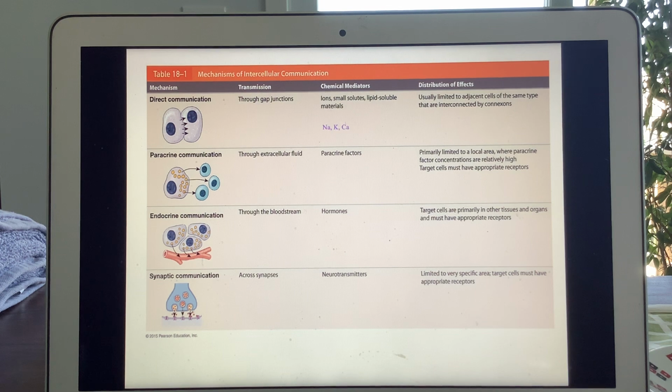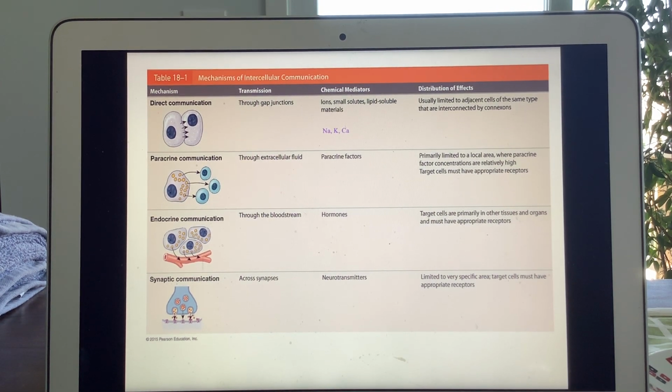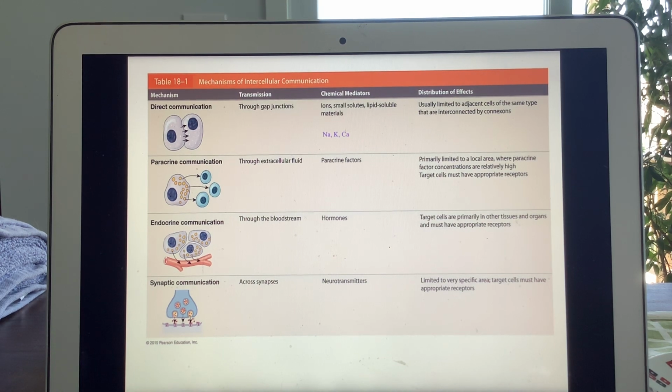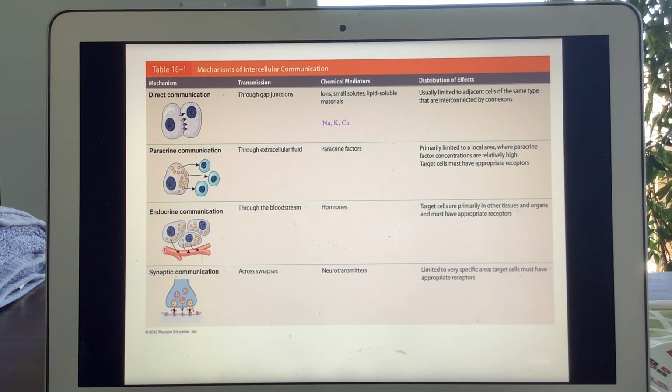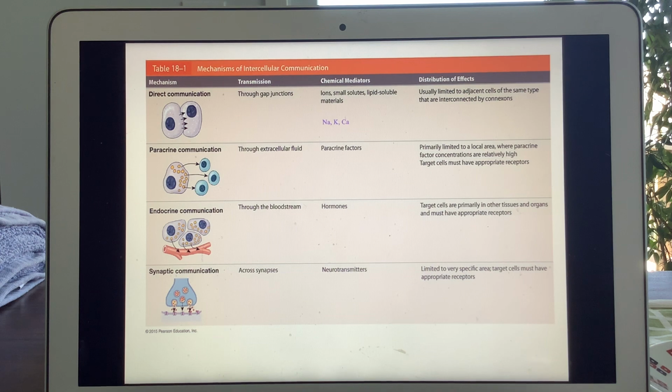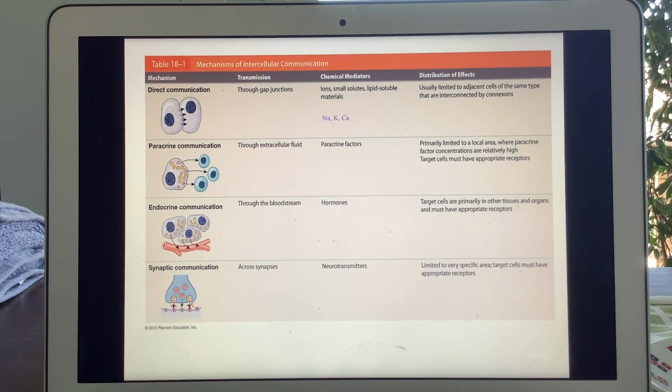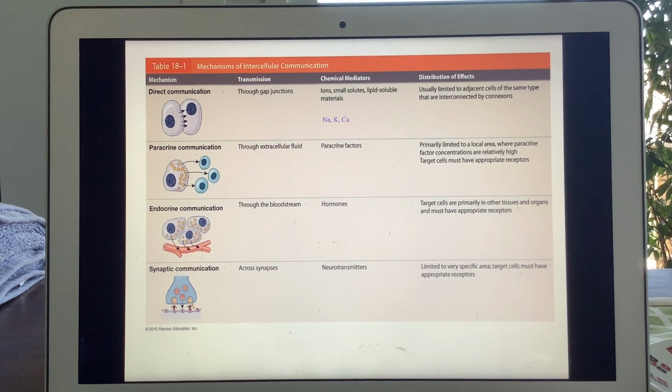You remember sodium and potassium are Nike. Sodium in, potassium exits. That's always how we generate an electrical impulse. Calcium, I'm sure you remember from 175, is necessary in all types of muscle contraction. So some of the ions are going to be sodium, potassium, and calcium.